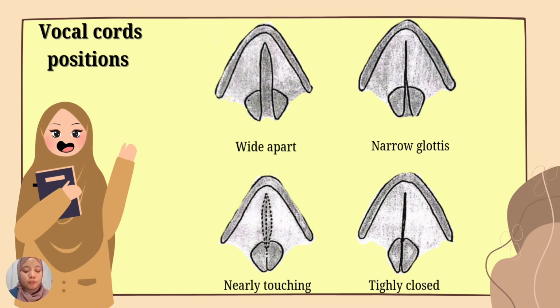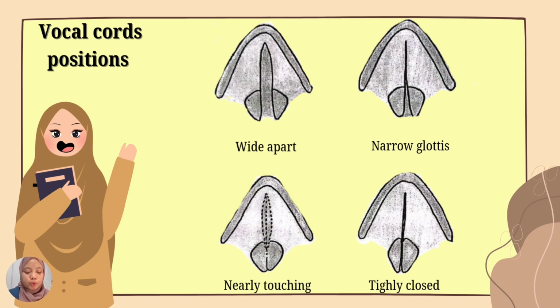When the vocal folds are drawn together, they touch each other or nearly touch. The pressure of the air coming from the lungs makes them vibrate. Sounds produced in such a way are called voiced sounds. In English, all the vowel sounds and some consonants are voiced.